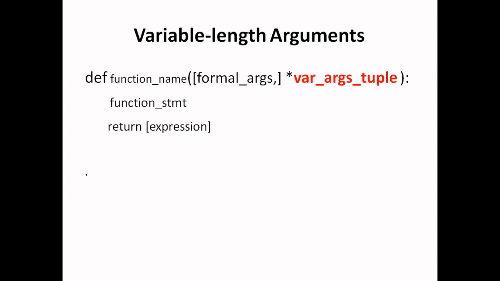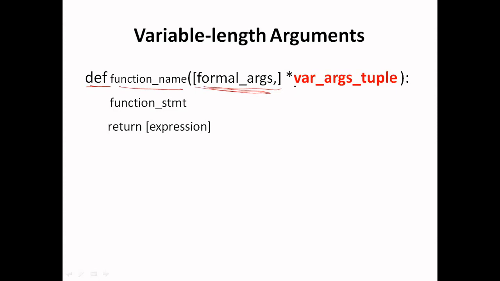The basic syntax of the variable length argument is like this. First we write the def keyword for defining the function, then the function name, and inside the function, if it takes any formal arguments, that means default argument, required argument or keyword argument, we have to write them first.